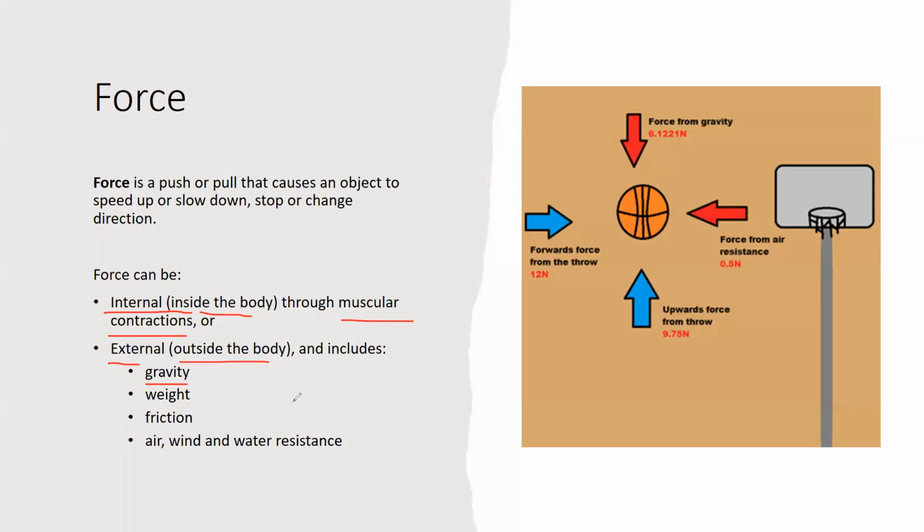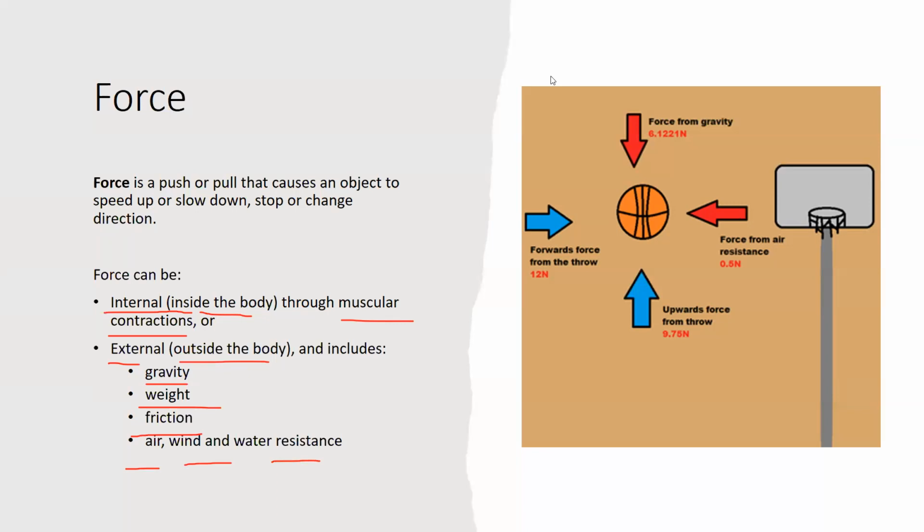Everyone can feel gravity. When we jump up, we finally get down because of gravity. Then we have weight, friction, and air, wind, or water resistance. For example, when you are in a car, you can feel the wind. That's air resistance.